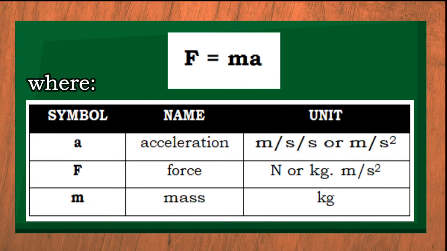For force, the symbol is F and the unit is kilogram meter per second squared or Newton. For mass, the symbol is M and the unit is kilogram.